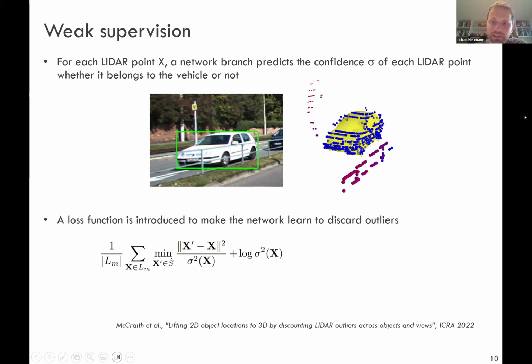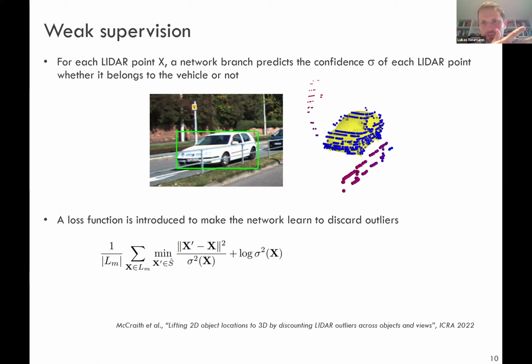This is the yellow thing here. We have prior knowledge of how a car may look in general, a very generic shape, and we try to fit this generic shape into the filtered point cloud, and this gives us some sort of error.